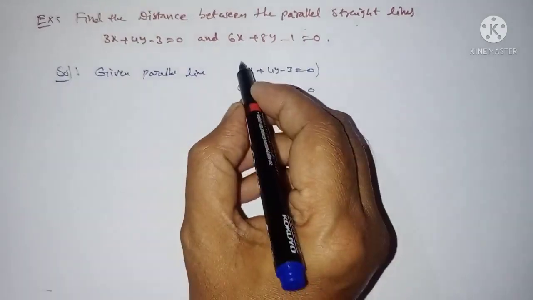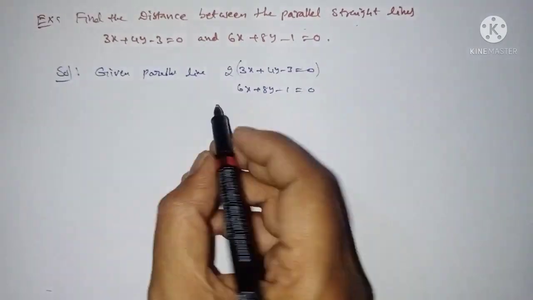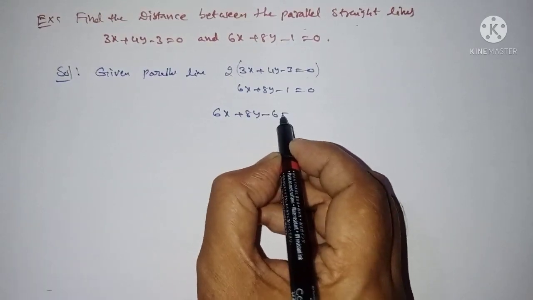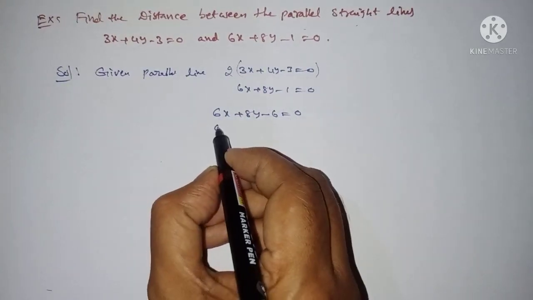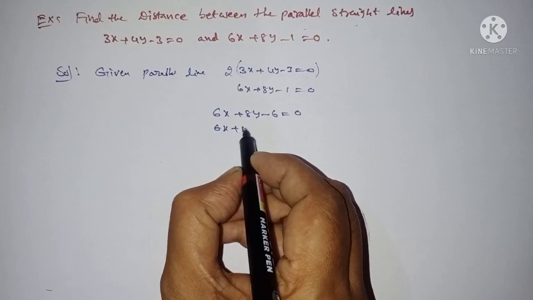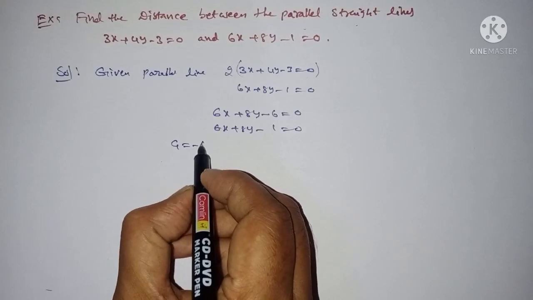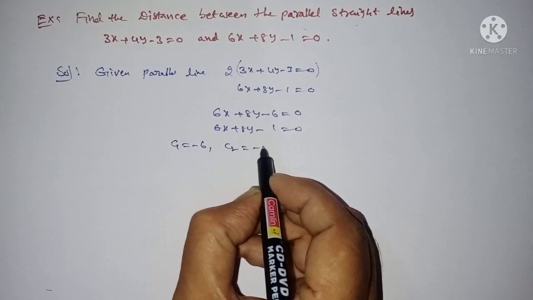No. But here you can multiply by 2. What happens is 6x plus 8y minus 6 is equal to 0 and 6x plus 8y minus 1 is equal to 0. Therefore, C1 is equal to minus 6, C2 is equal to minus 1.